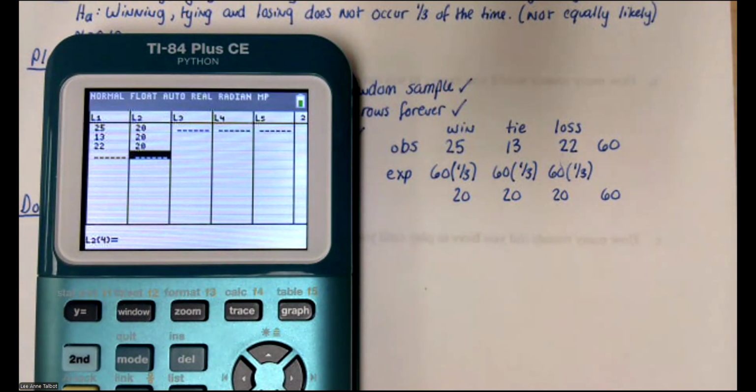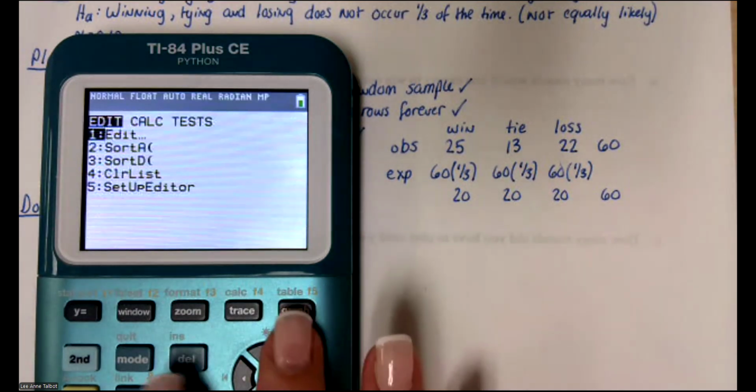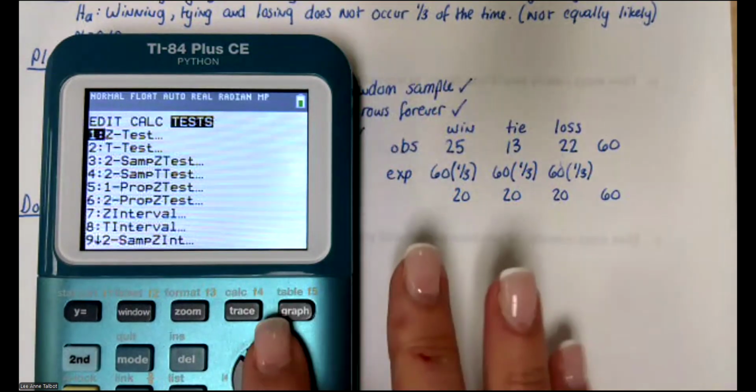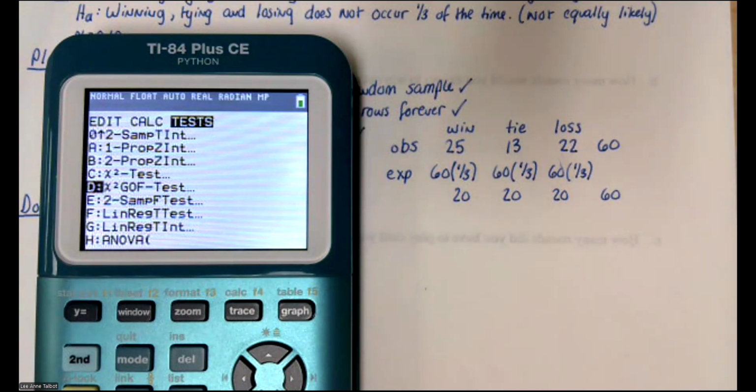Okay, graphing calculator person: observed into L1, expected into L2. Stat, tests, scroll up to chi-square goodness of fit.